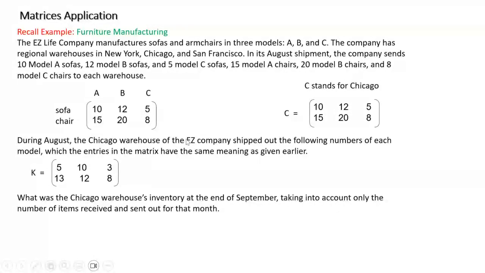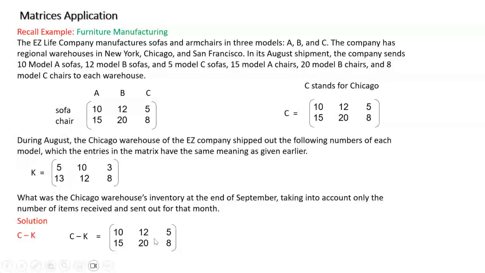What was the Chicago warehouse's inventory at the end of the month, taking into account only the numbers of items received and sent out? It's going to be C minus K. The C, which stands for Chicago, is what's in storage right now at the Chicago warehouse, and K stands for the furniture that the Chicago warehouse shipped out.